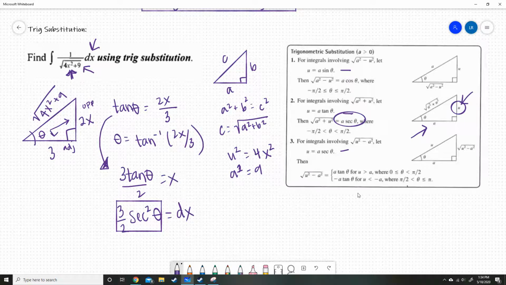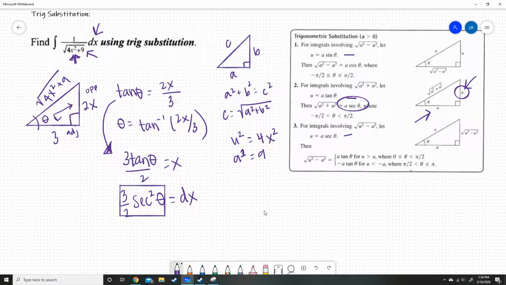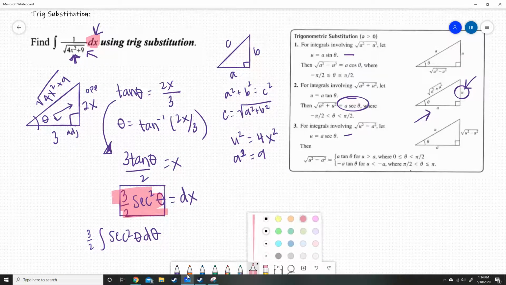Let's rewrite our integral, and let me try to use some colors here so you can see exactly what I'm doing. This is going to replace this. So the integral of, let's pull the 3 halves out front, secant squared of theta d theta. Then let's pick a different color highlighter.